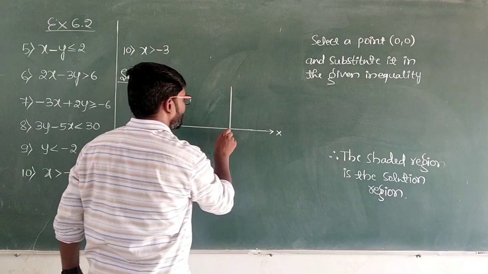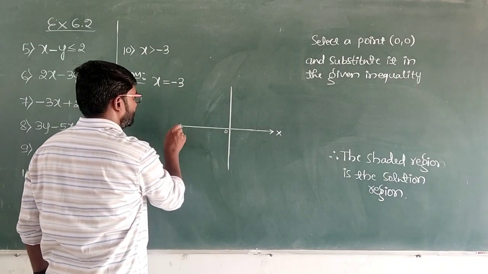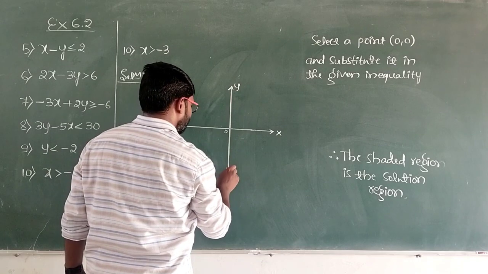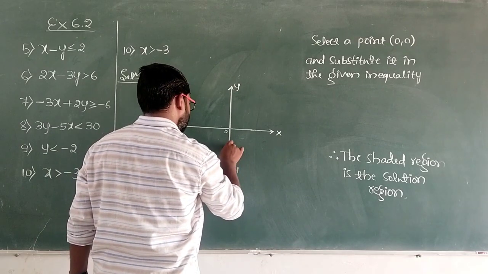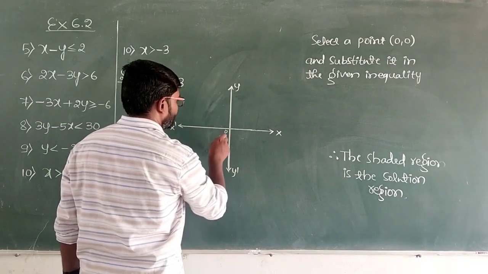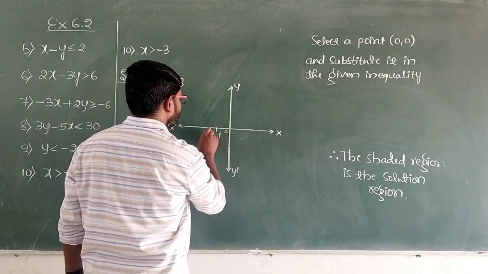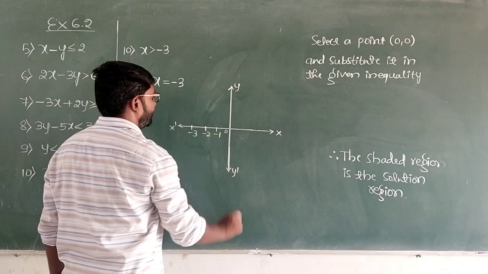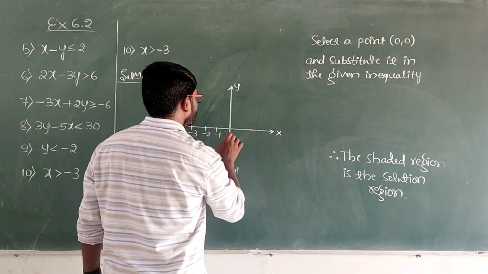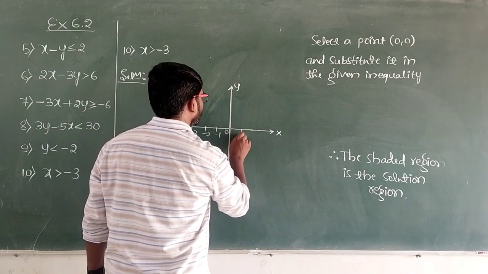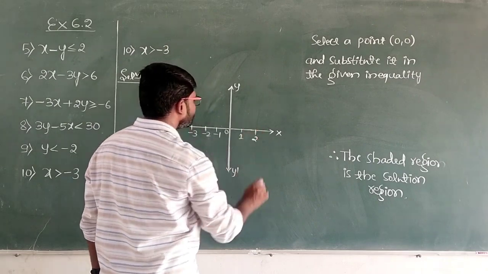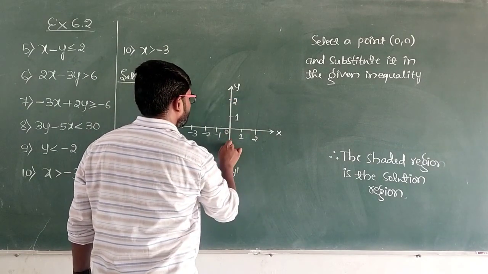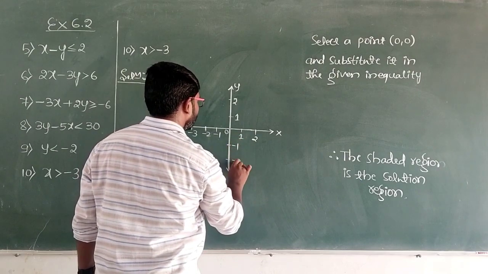This is X'OX and Y'OY. Now we'll take a few values here: minus 1, minus 2, then minus 3, and here we have the 0, then this is 1, 2, and here we can take 1, 2. Here it is minus 1, minus 2.